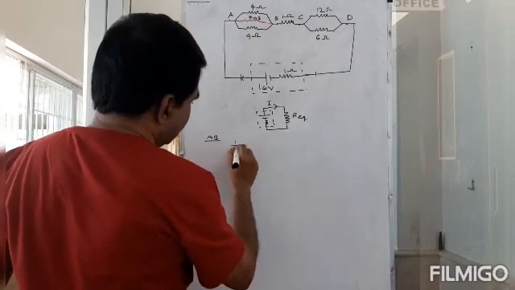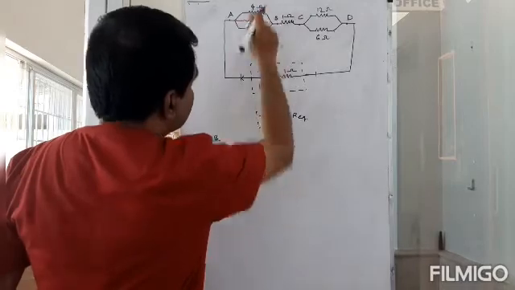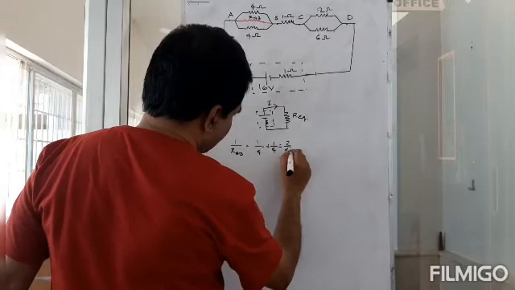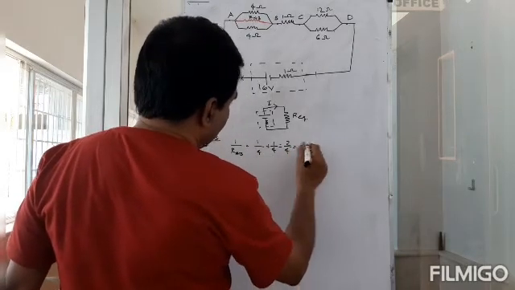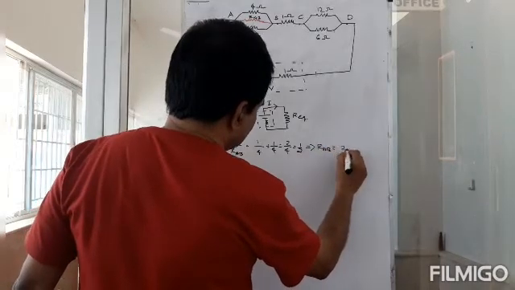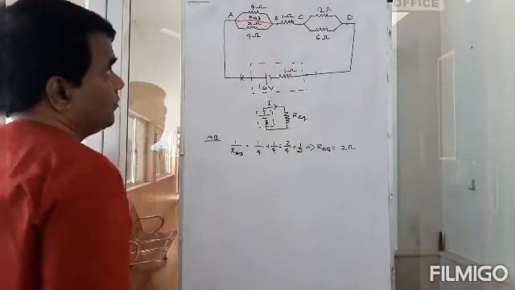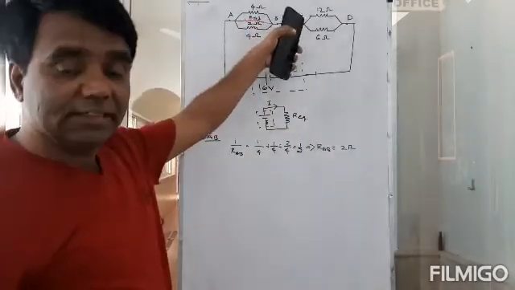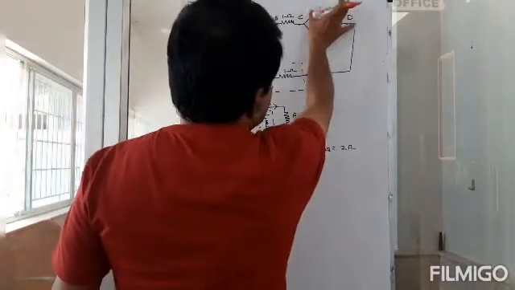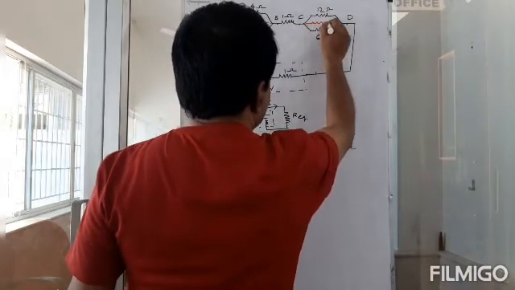So 1 by RAB is equal to 1 by 4 plus 1 by 4, which is 2 by 4, or 1 by 2. So RAB is actually 2 ohms. Done. Now this is in series, and I need to talk about these. These two are in parallel, so I can remove them and put one resistance.